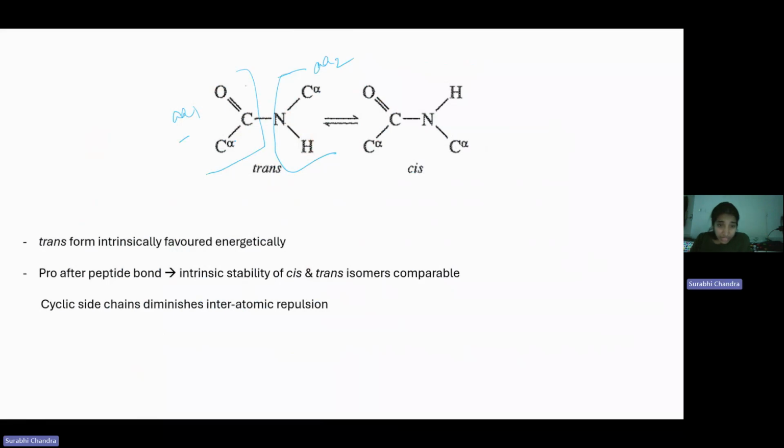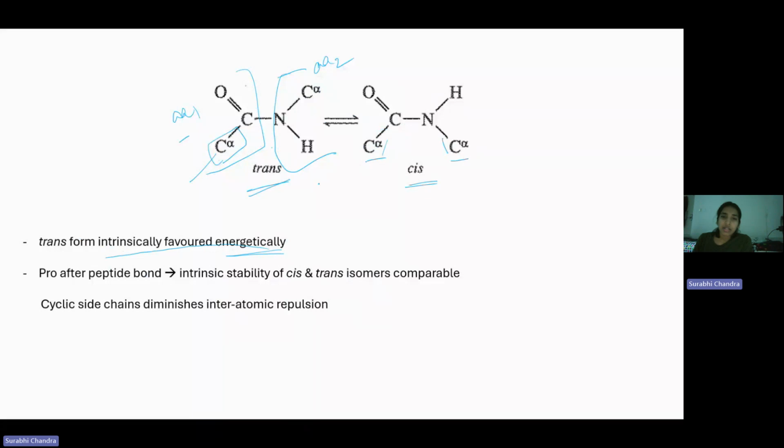So when the C alpha or whatever group is attached there lie in an opposite configuration, then it's a trans form of peptide bond, and otherwise it's a cis form. Okay, and both the C alpha are positioned in this way. So it has been found that the trans form is intrinsically favored energetically.